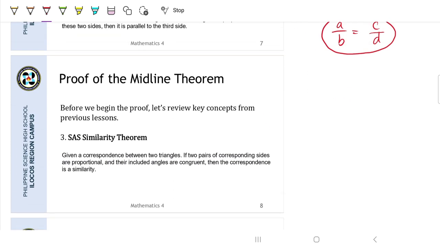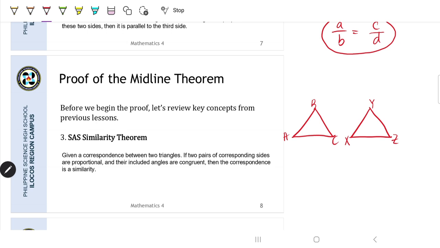And lastly, let's recall yung sinasabi sa SAS similarity theorem. So if you have a correspondence between two triangles, let's say triangle ABC, triangle XYZ.